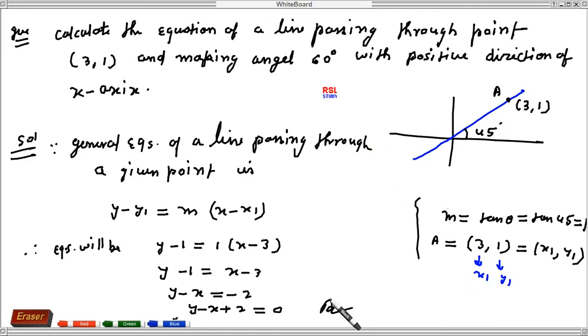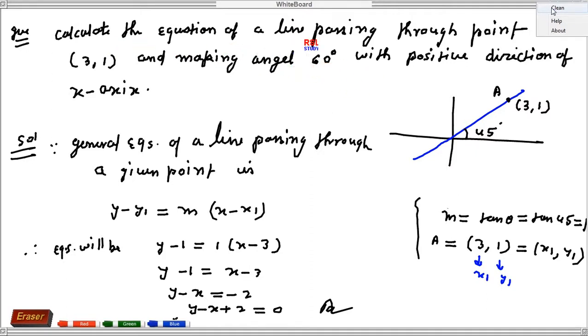Once again, you should note that here is 45, not 60. You can also practice by taking 60 degrees and using this equation, but as far as this question is concerned, here is 45.